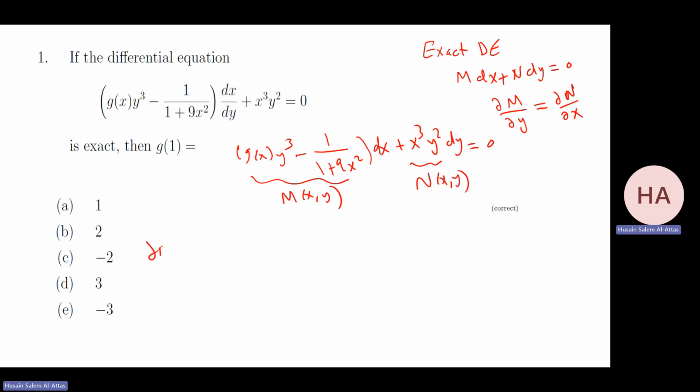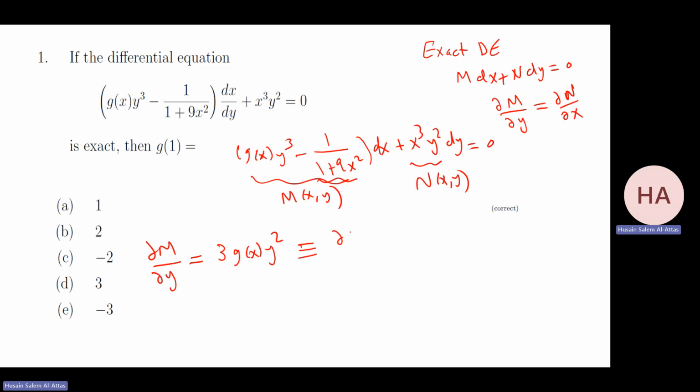So partial M with partial y. What's the meaning of partial M with partial y? It means I need to differentiate with respect to y, and I consider x as constant. So g of x is just a constant. What's the derivative of y cubed? It will be 3 g of x y squared. Now this is constant, so this is 0.